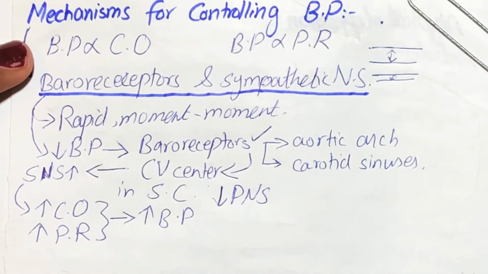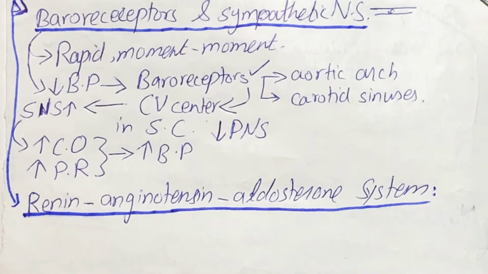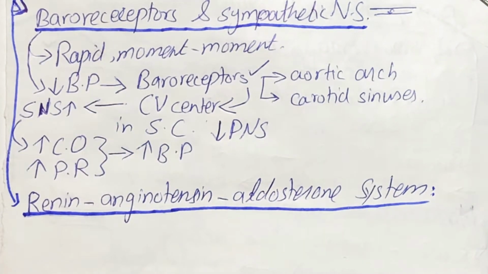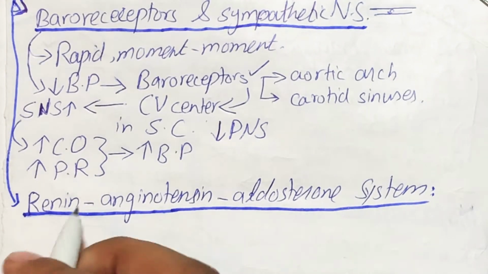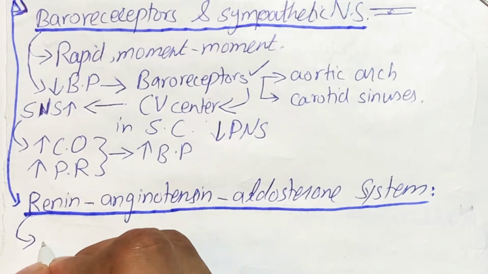If we talk about the second mechanism which is present in our body as a compensatory mechanism, the mechanism which we have talked about previously is for rapid, moment to moment regulation of blood pressure, whereas the one we are talking about now is a long-term response in low blood pressure or in controlling blood pressure.